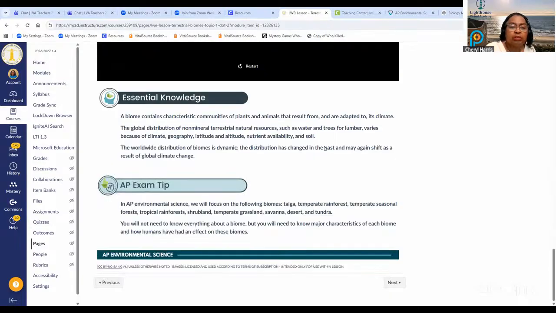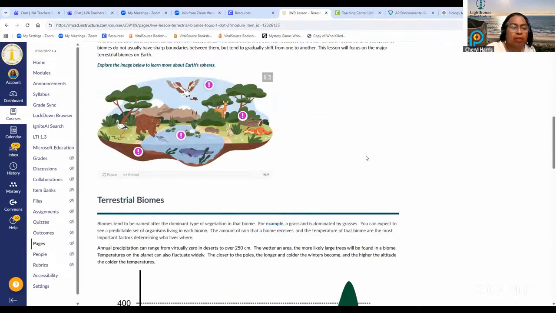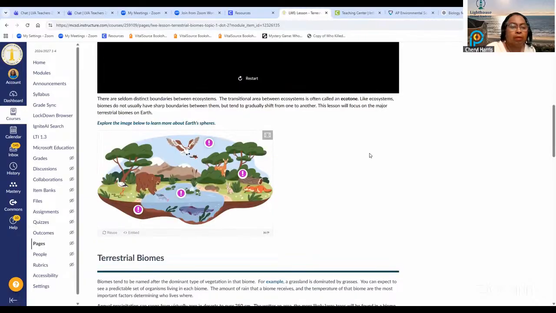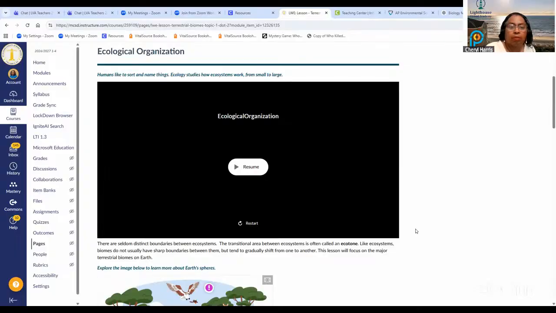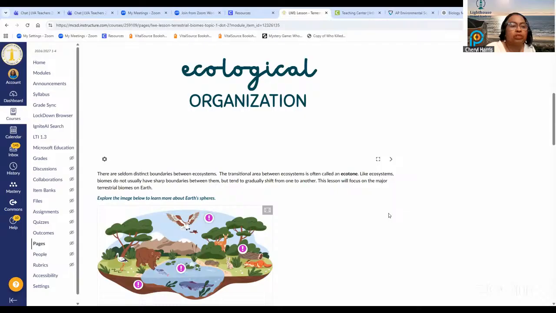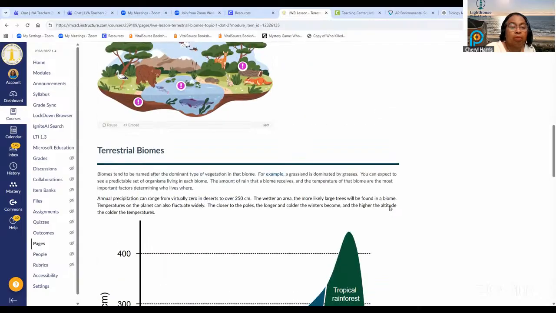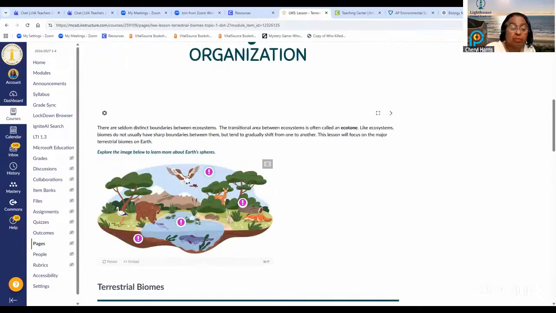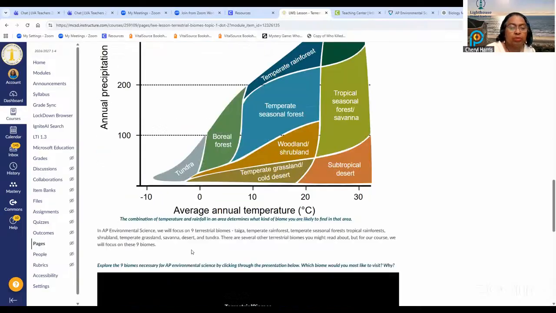But as far as, where was it? They gave you a biome map to download. Oh, that was in the previous one, maybe. It should have been with this one.